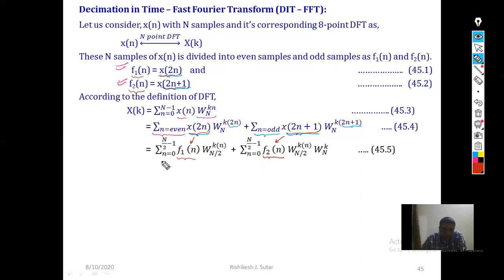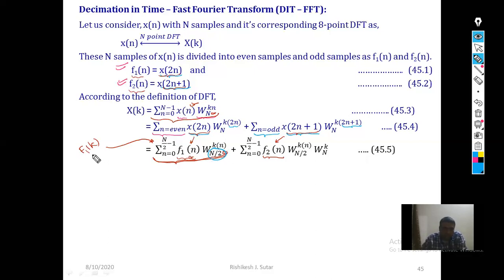If you see this first part and compare it with the definition of DFT, here there is N, and here there is N by 2, and here there is x of n, and here there is f1 of n. So ultimately this first summation I can write as f1 of k, and it is the N by 2 point DFT.